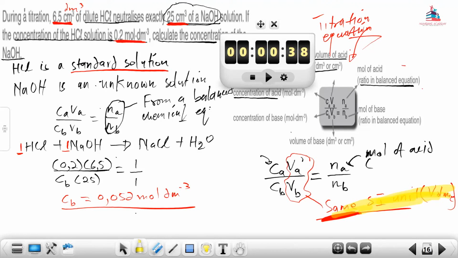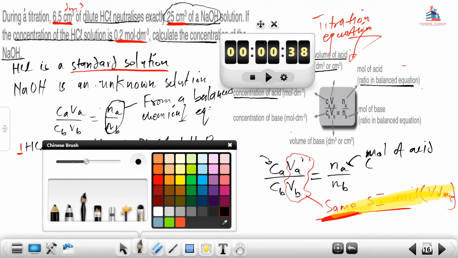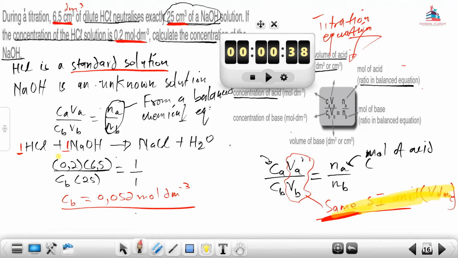Just check your screen quickly. Let me get a pen. We write it in red. This one here is mole per decimeter cubed, which is the SI unit.